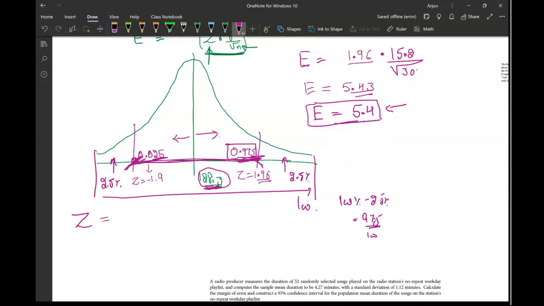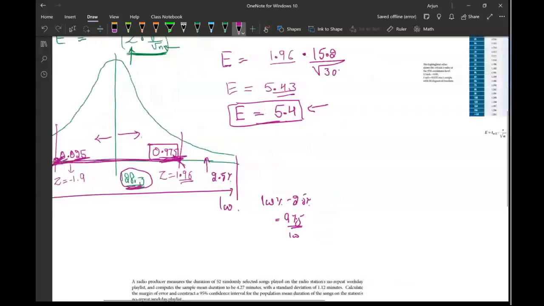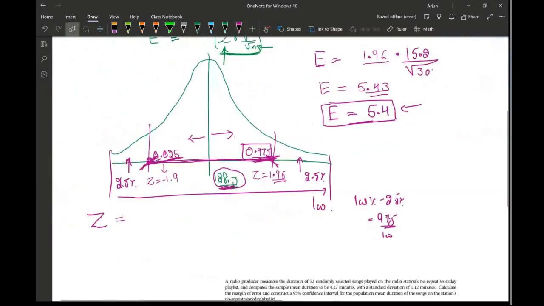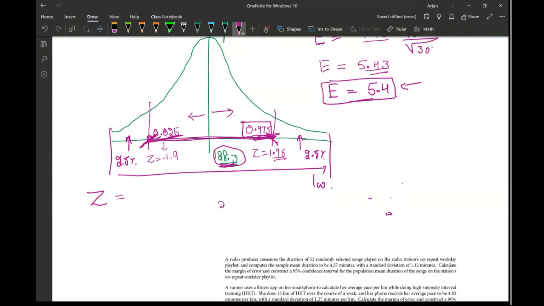Once we calculated the E value, now we will calculate the lower limit and upper limit around it. So 128.3 was the mean. So x bar minus E for the lower limit, and upper limit will be equal to x bar plus E. So x bar value is 128.3 minus 5.4, and upper limit is 128.3 plus 5.4.